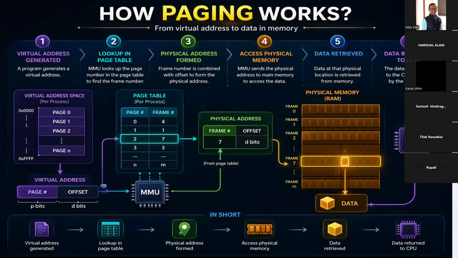Once the page is selected, it updates the page table. Once the new page is loaded, the page table is updated, the mapping is refreshed, and the instruction restarts. The instruction that caused the fault is executed again. And this time, the page is available in RAM. Execution continues.